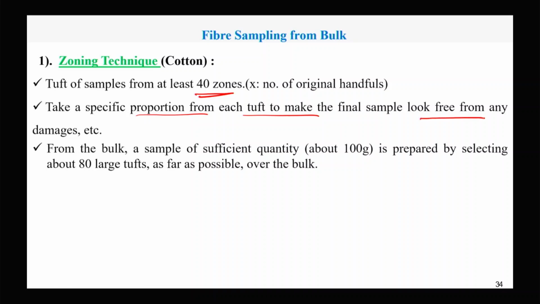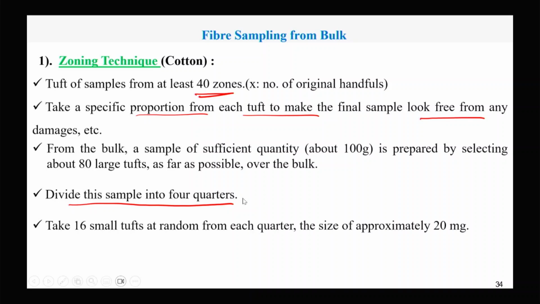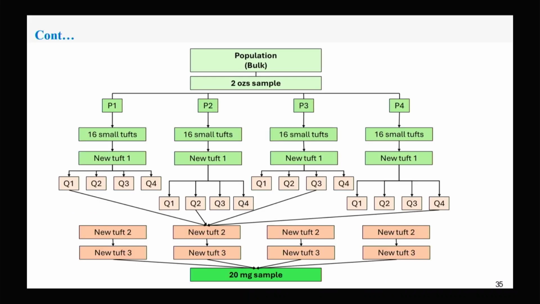We have to take the specimen which is free from any damage. Divide the samples into 4 quarters. Different types of zoning technique are explained here. I'll show you another zoning technique.